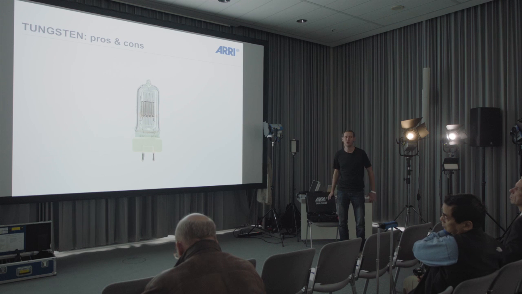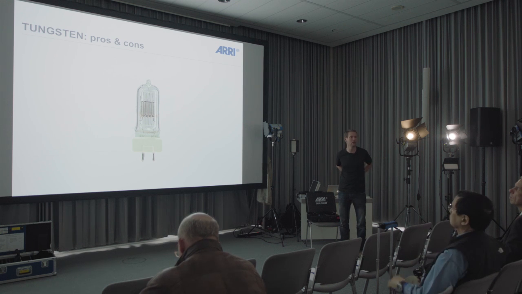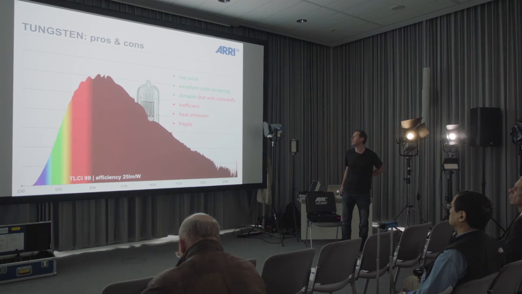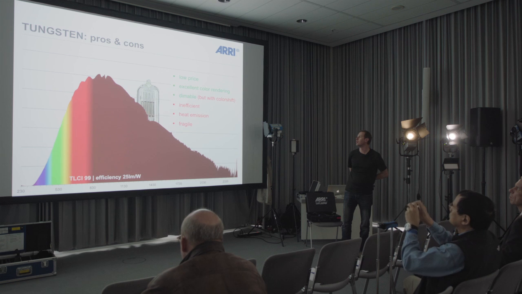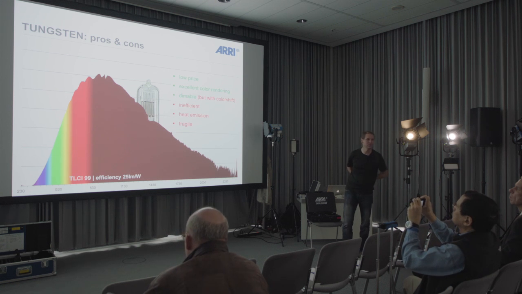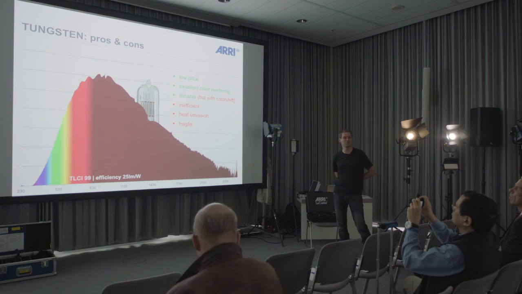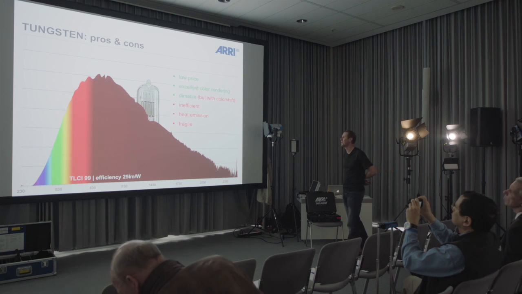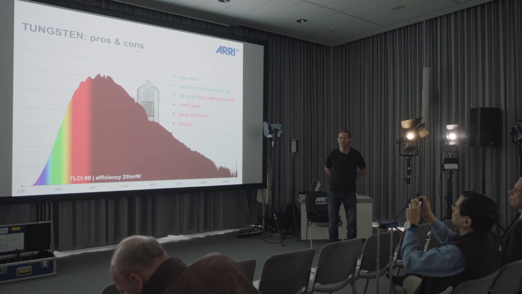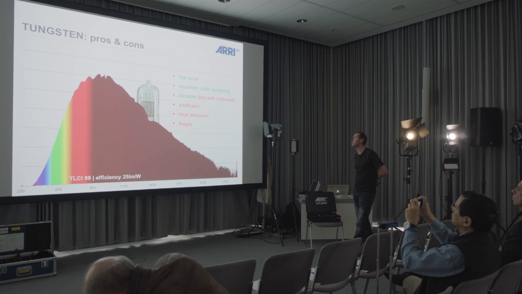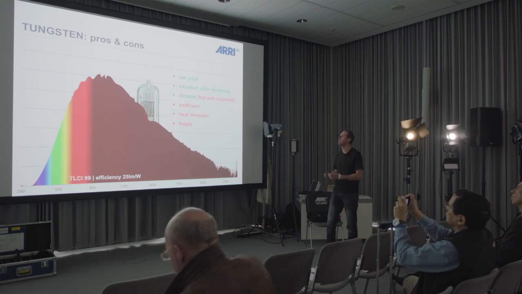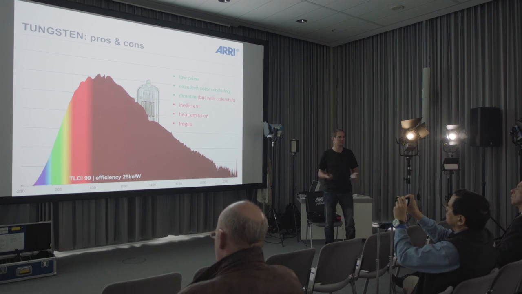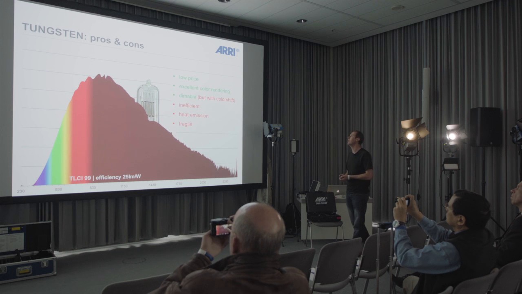Tungsten, that's a very, very traditional, very well-known technology. What do we know from tungsten? Tungsten is maybe not the most efficient technology. Tungsten produces mainly heat and only a little bit of light, but mainly because it's a very low-price technology, it's still important, still used.